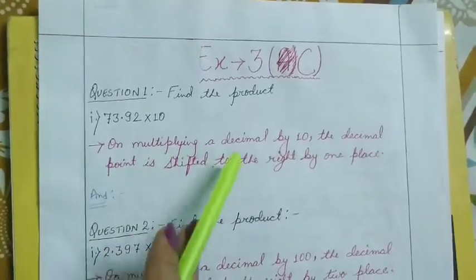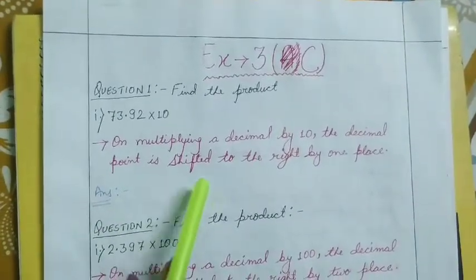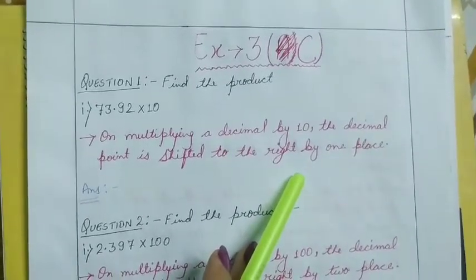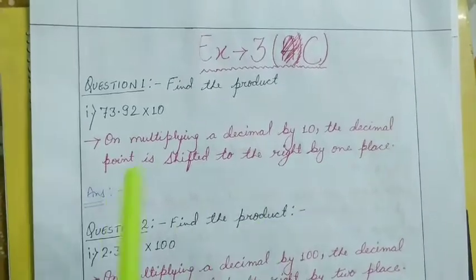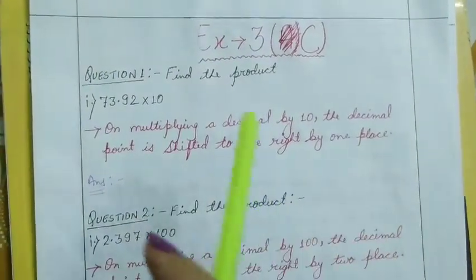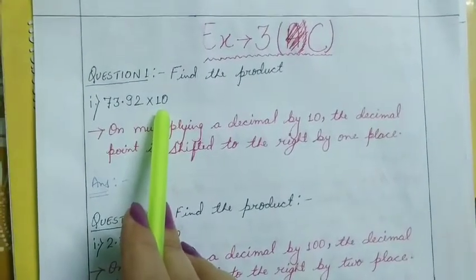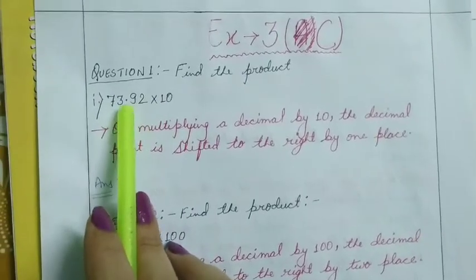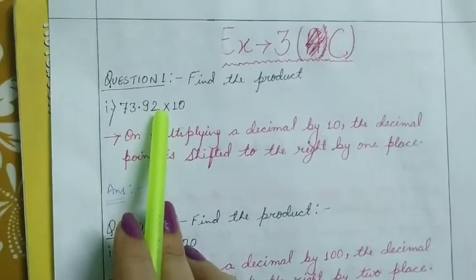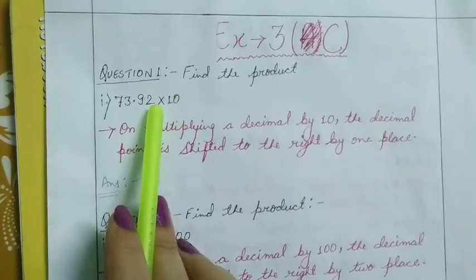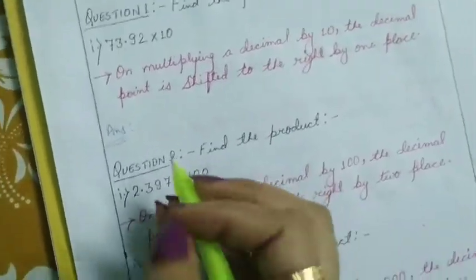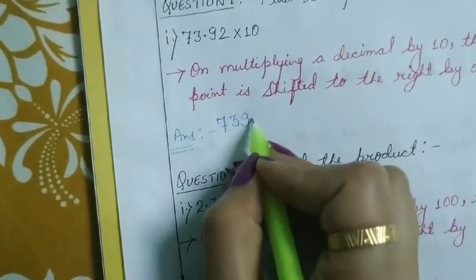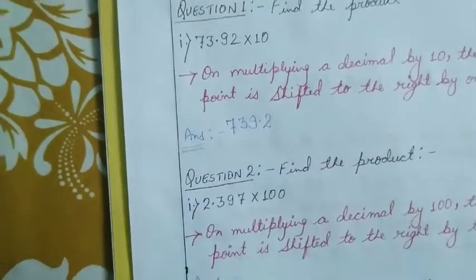On multiplying a decimal by 10, the decimal point is shifted to the right by 1 place. जब हम किसी डेसिमल नंबर को 10 से मल्टीप्लाई करते हैं तो डेसिमल पॉइंट राइट हैंड साइड में 1 प्लेस शिफ्ट हो जाता है, क्योंकि 10 में नंबर ऑफ ज़ीरो 1 है। जो डेसिमल 73.92 है वो हो जाता है 739.2. So the answer will be 739.2. This is the answer.